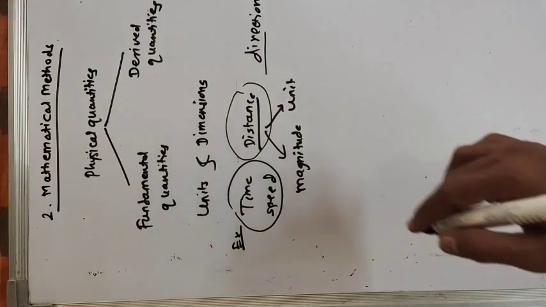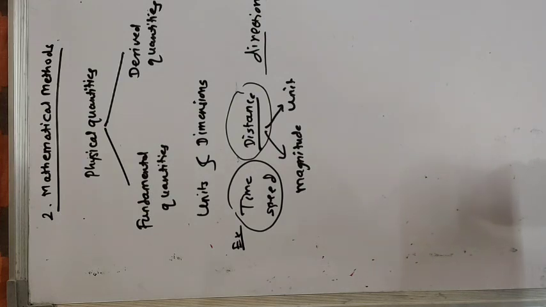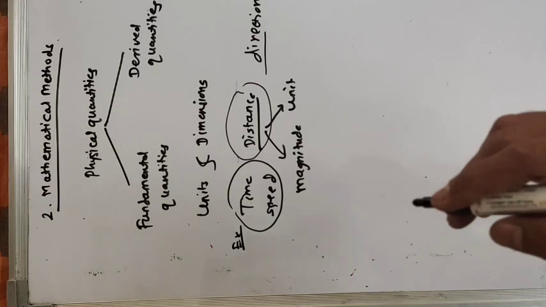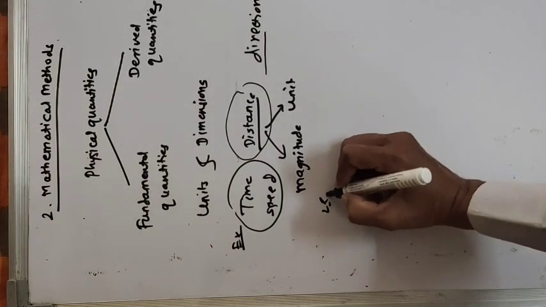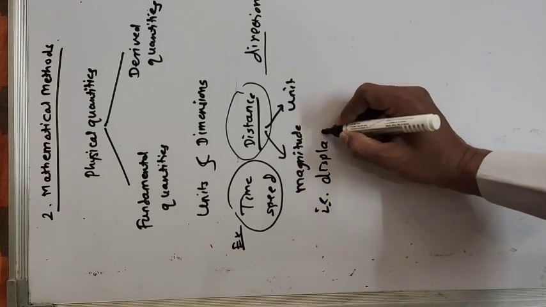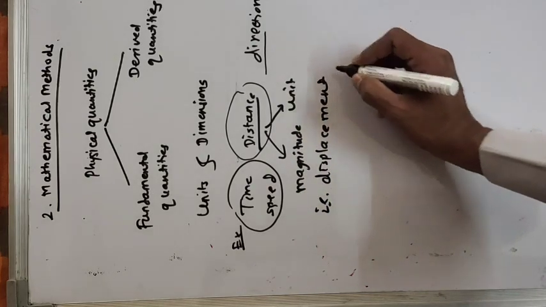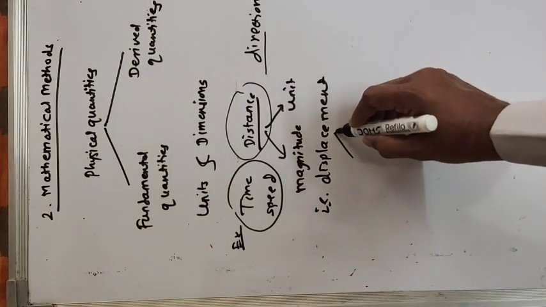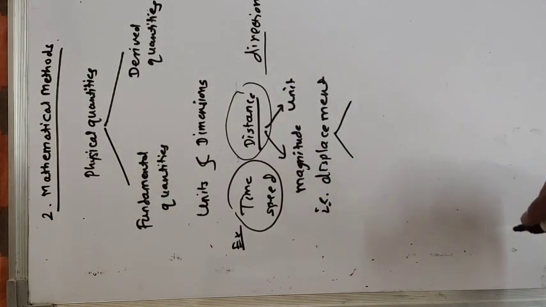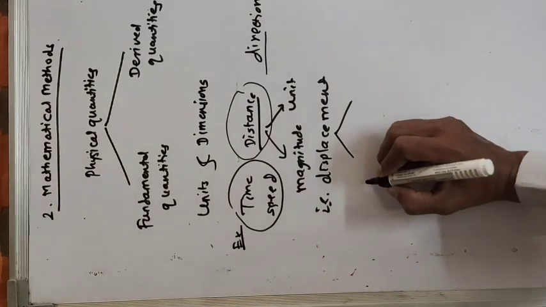Now again think about the example. The final position of the person with respect to the initial position of the person, that is the displacement. Displacement can be described by magnitude and direction.